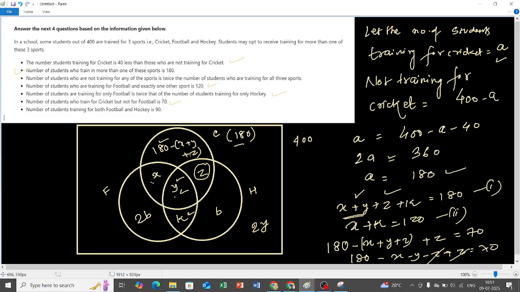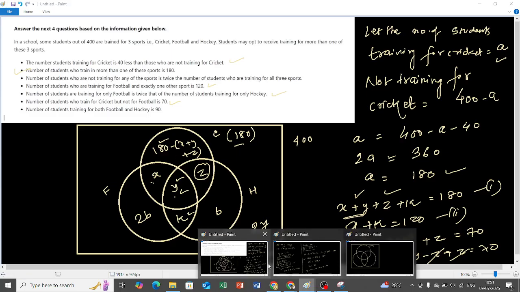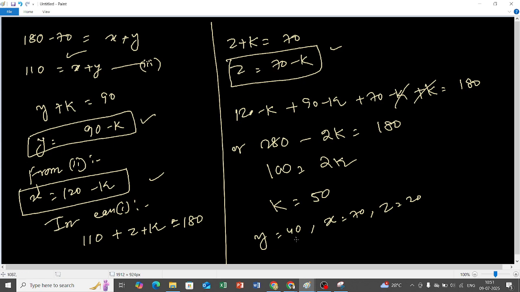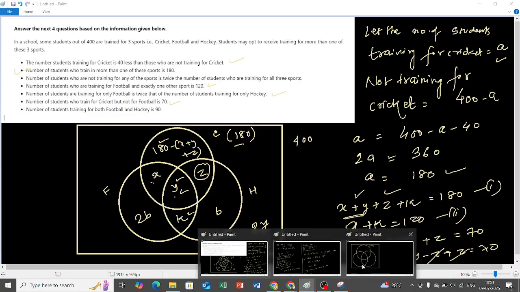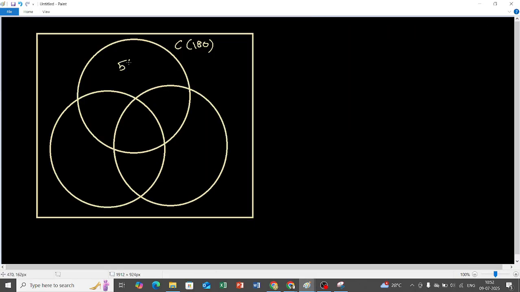What is 180 minus x plus y plus z? So x plus y plus z is how much? 110, 130, right? 70 plus 40 is 110, and then plus 20 is 130. Then 180 minus 130 is 50. So this is 50.